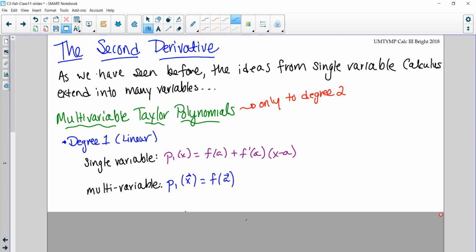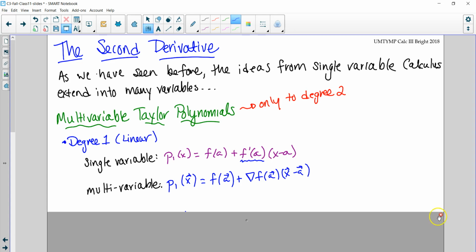Then, having studied derivatives for a little while, what is the analog of the first derivative in a multivariable case? Oh, it's the gradient. So it should be the gradient of f at a, times the vector x minus a as vectors. That's all the degree 1 case is going to be.